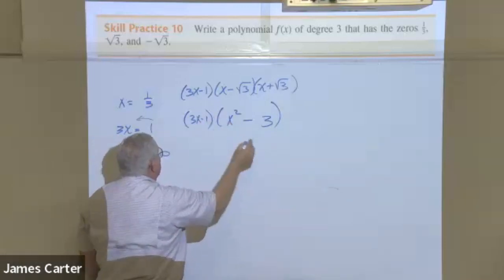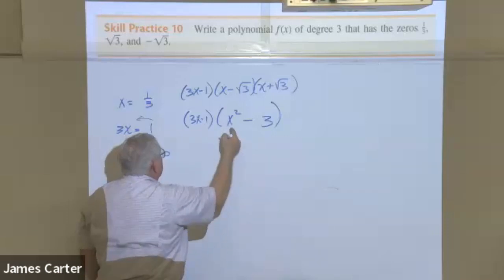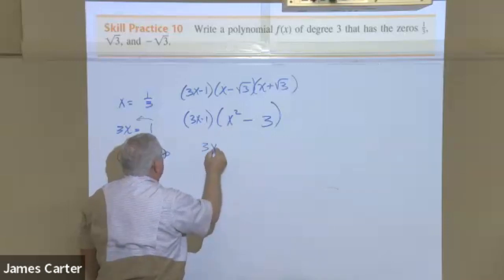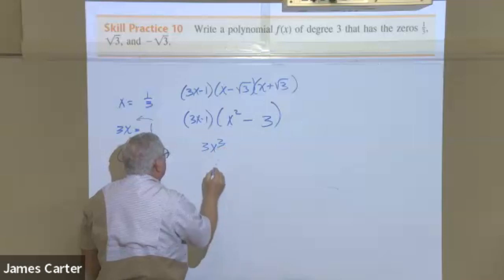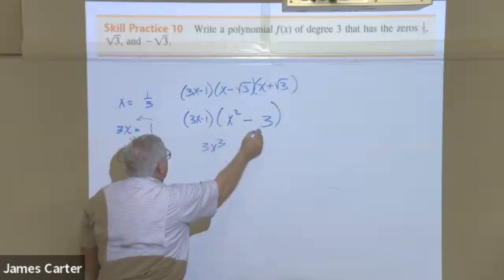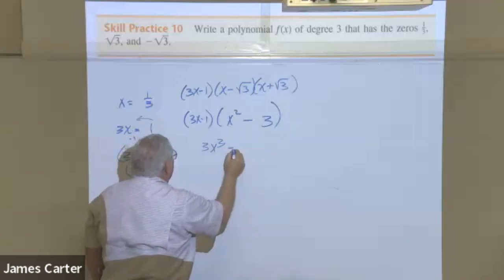Now I need to distribute this. 3x times x squared gives me 3x cubed. 3x times negative 3 gives me minus 9x.